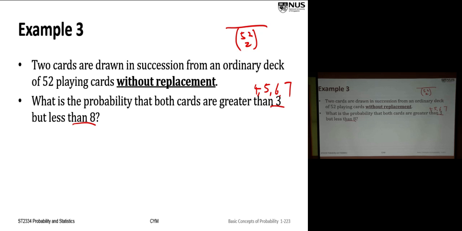So the group satisfying these conditions has 16 cards: 4, 5, 6, 7, each with 4 cards. We choose 2 cards from it.